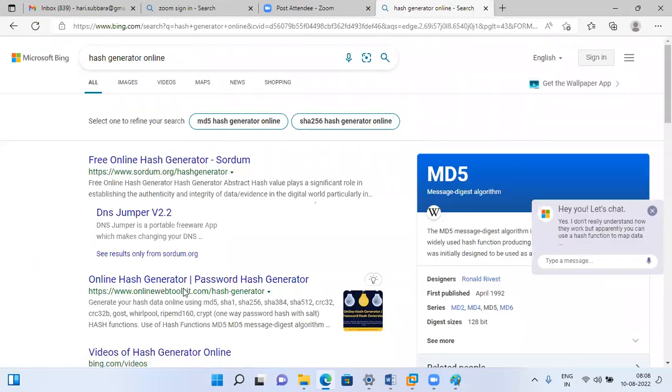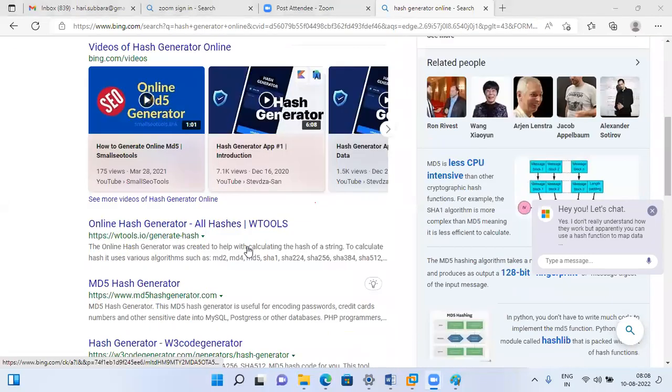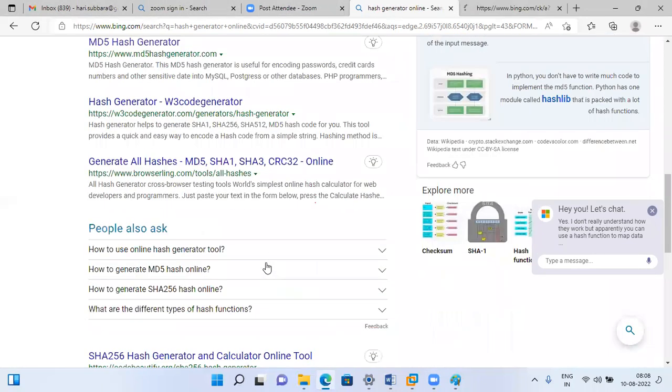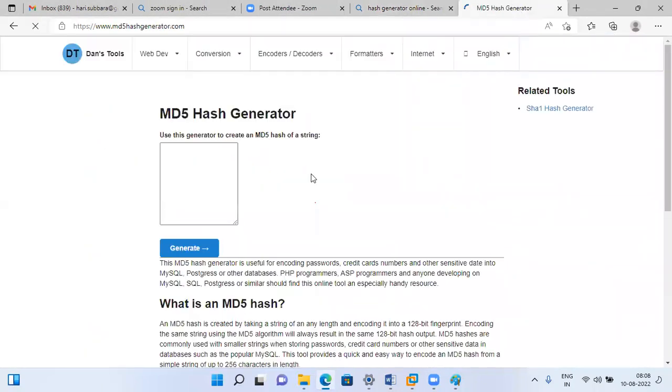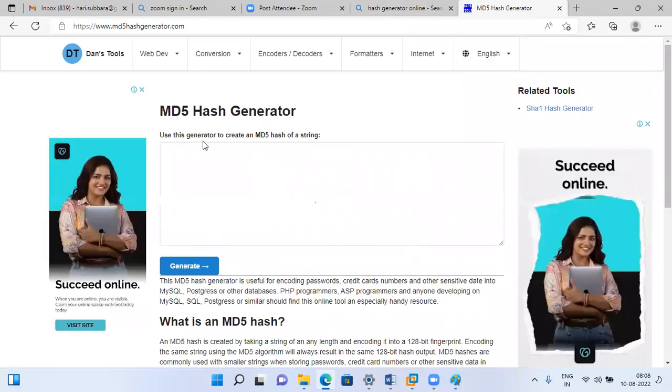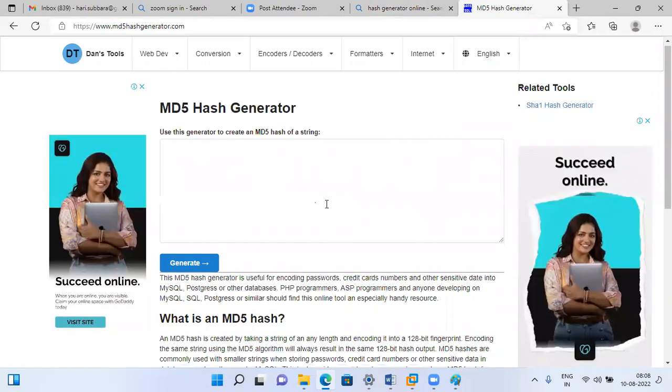A lot of websites are there. You can select any of the websites, not at all a problem. MD5 hash generator, one website. So use this generator to create an MD5 hash of the string.